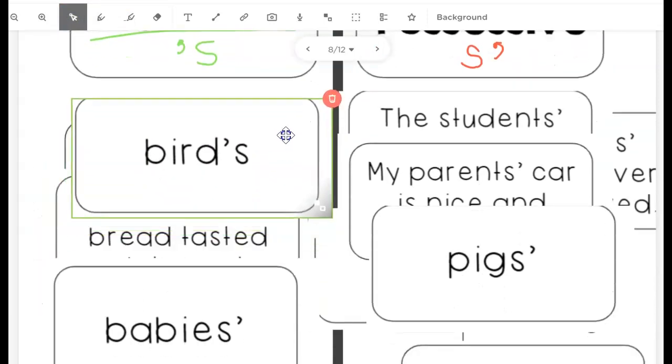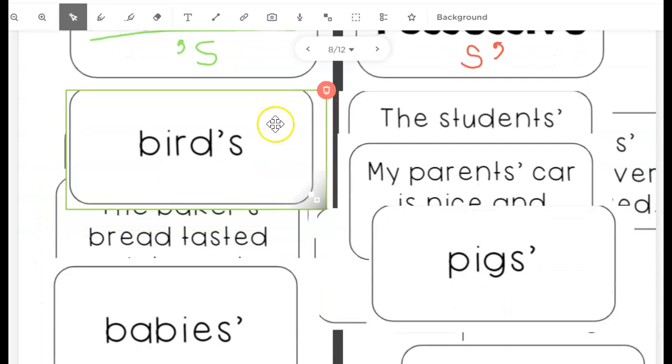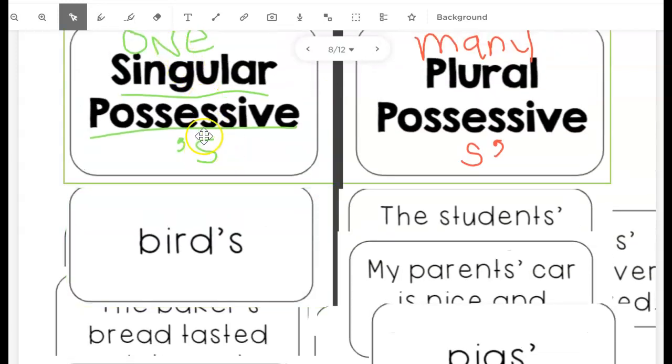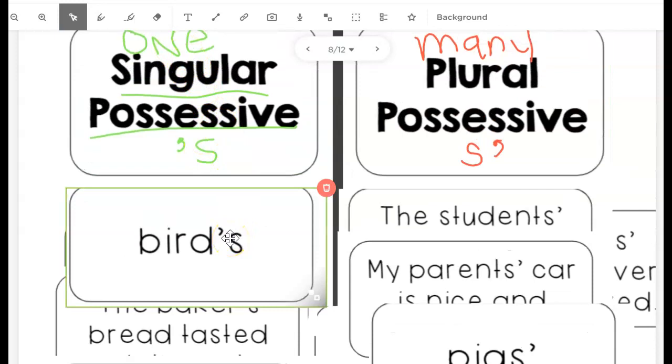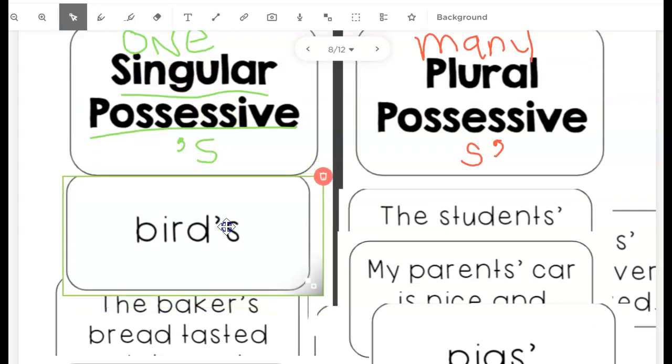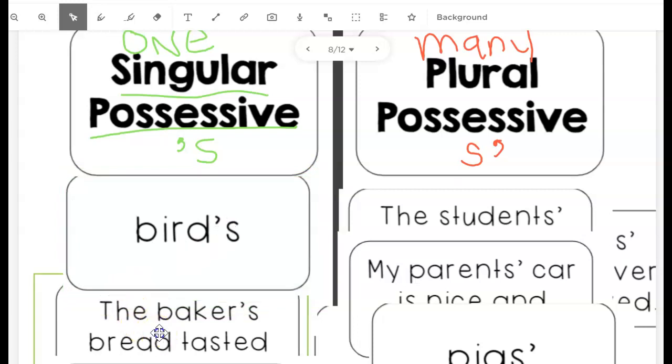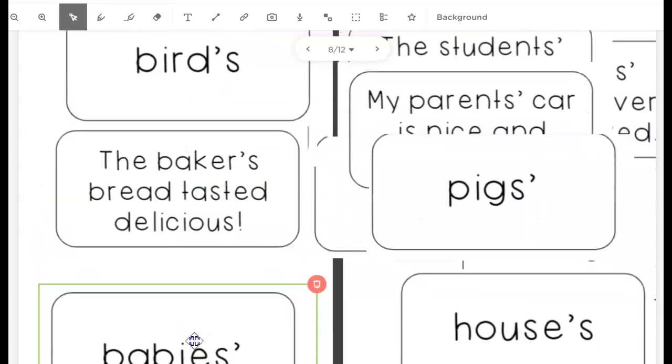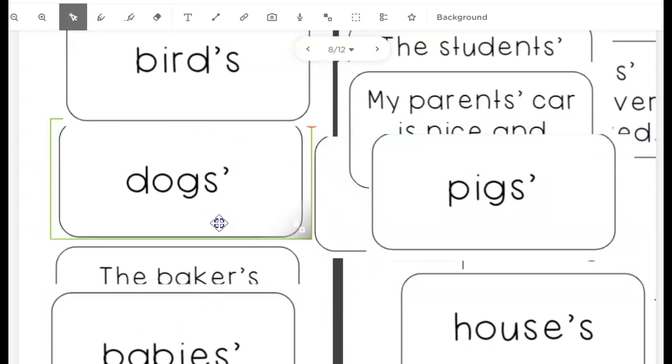And let's look at birds first. The apostrophe is before the S, so we're talking about one singular bird. The bird's nest. It belongs to the bird. So that will stay under singular. Now you'll have to move some of these around because there are a ton of them.